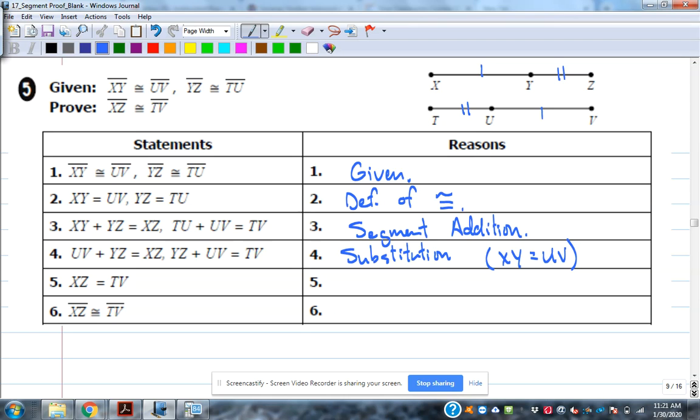And then, we also did TU and YZ. So I guess I need to write that down too. Number 5, is that what you're saying? Yeah, transitive is number 5. That's right. Yeah, absolutely.